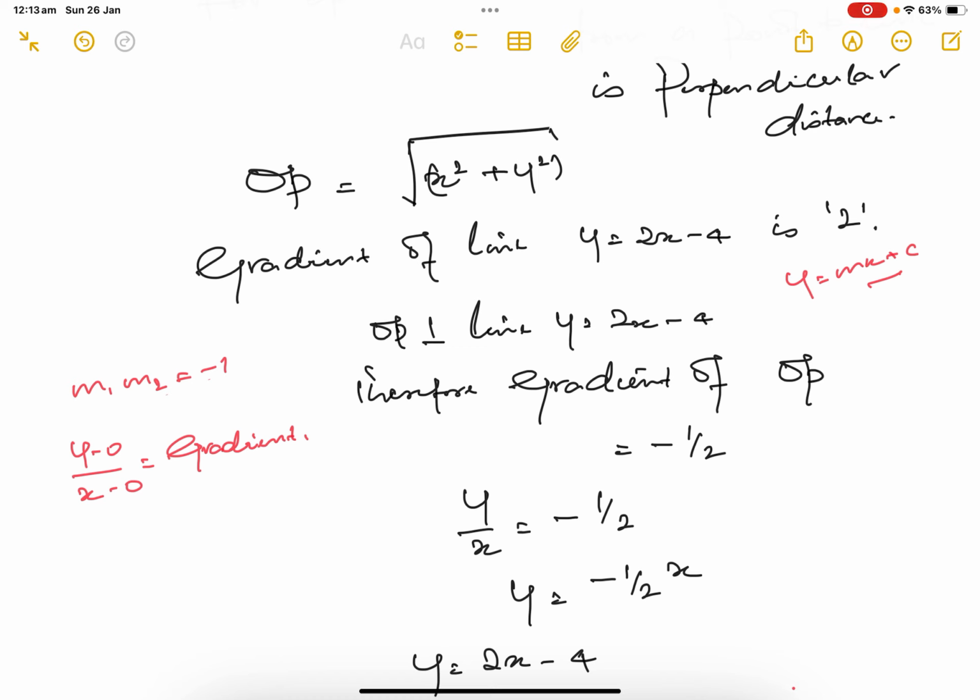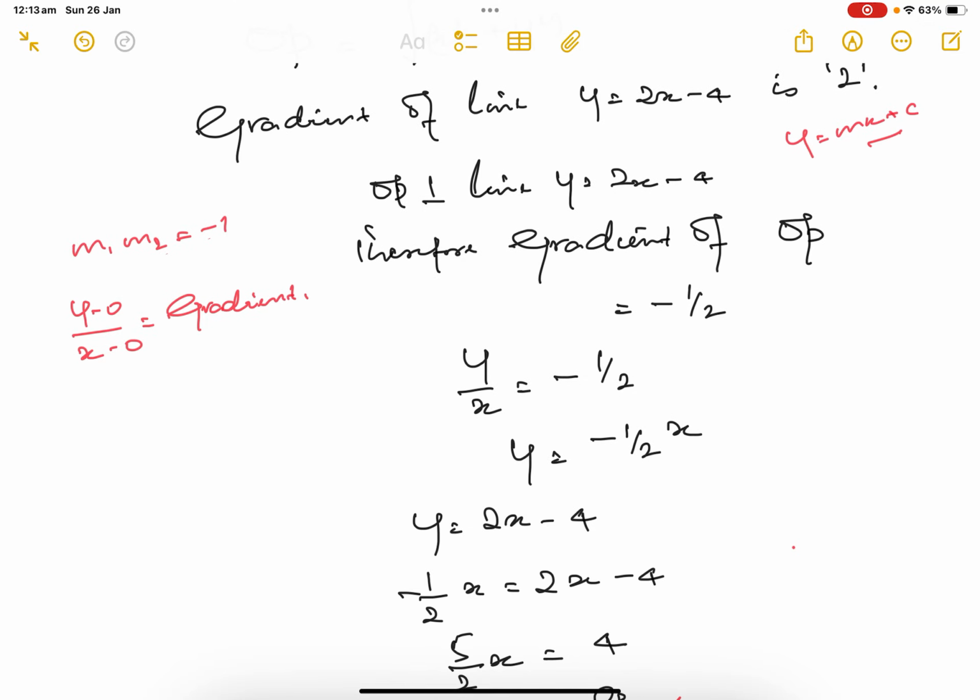How is that? It is m1 times m2, the gradient of the line times the gradient of OP, equals minus 1, since both are perpendicular to each other. But m1 is 2, therefore m2 is minus half. So the gradient of OP is minus half.